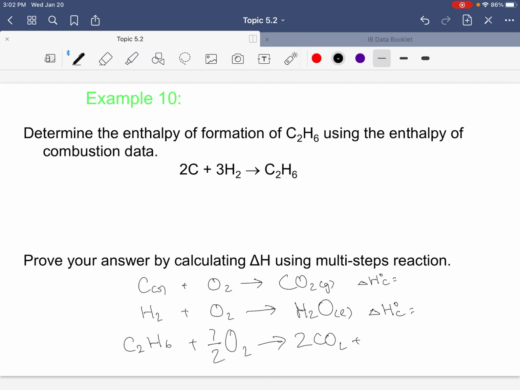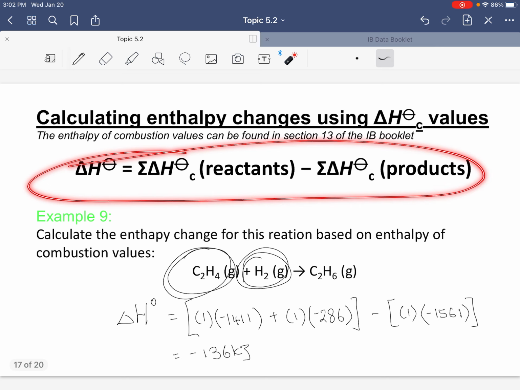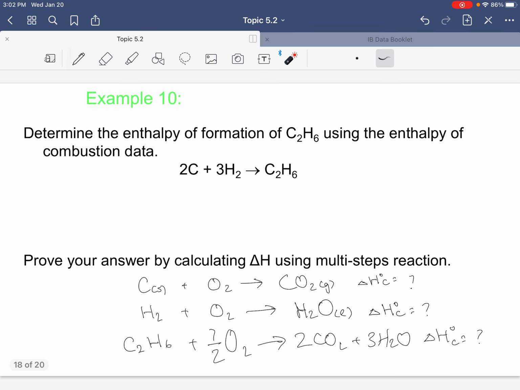So here we go. What would this one be? With these, you can use your Hess's law from last class and figure out what the delta H is for this reaction. Doing this will give you the same number as doing this. So I kind of start you off.